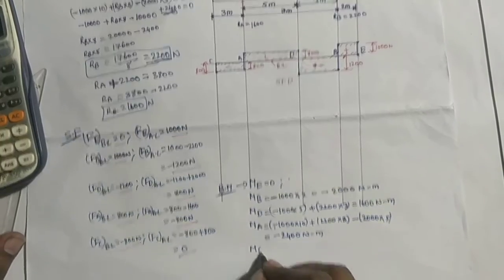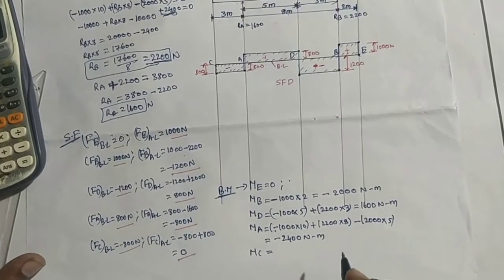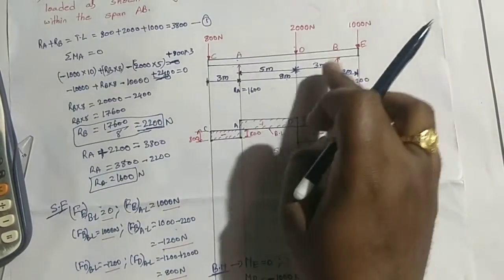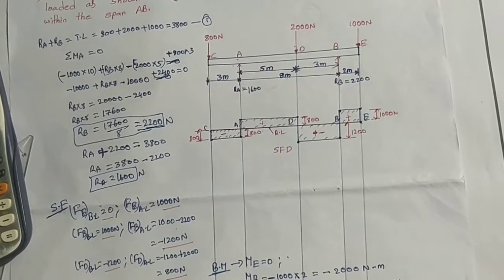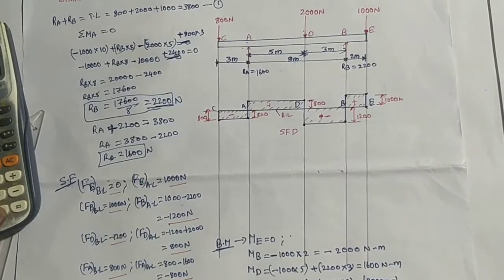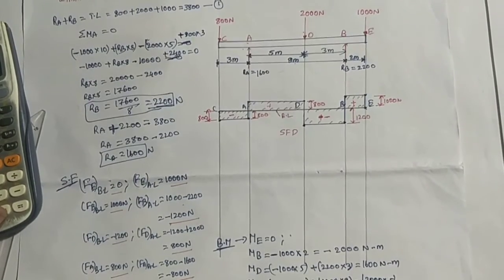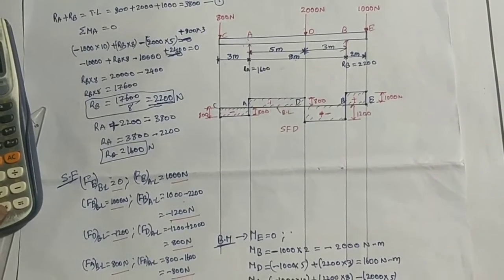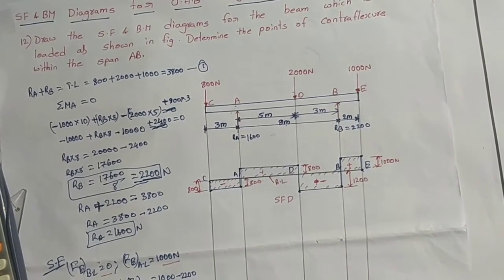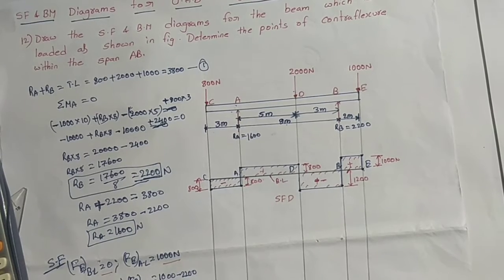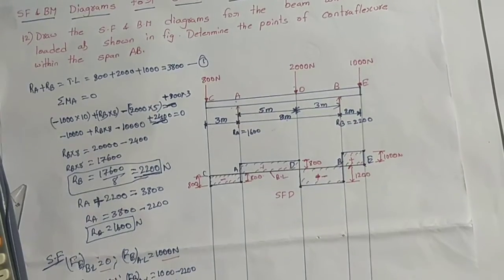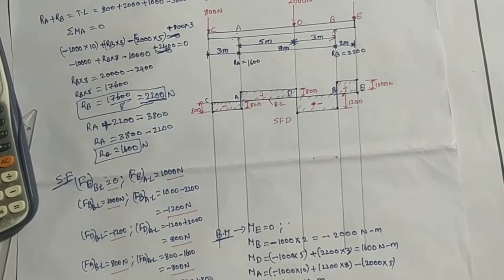Next, bending moment at point C. Okay, at point C, right side of C has a total of 1, 2, 3, 4 loads. We need to calculate the bending moment for every load. The first load is minus 1000 because it is acting anti-clockwise. Distance from point E to point C is 8 plus 3 plus 8 plus 2, so total 13 meters, so 1000 into 13.